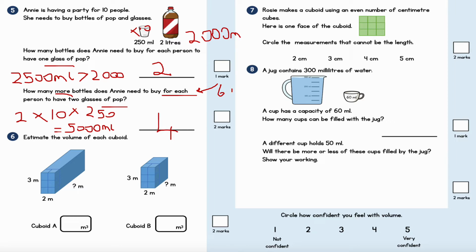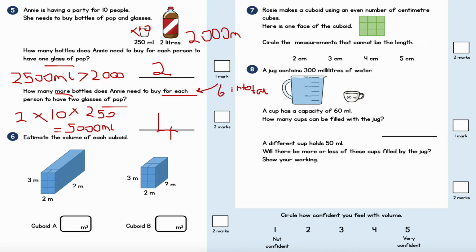So the 4 has come from the 2 plus 4, because we are including the fact that she has bought 2 for the first part. Essentially the way you can think about it is each person's having another glass of a drink, and that's how I'm getting my answer.